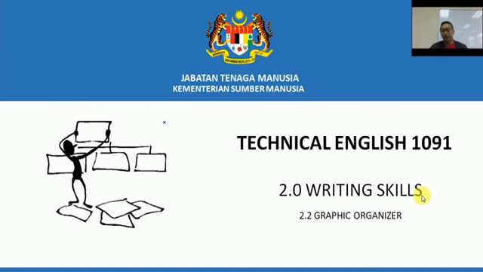Why? Because when we have different methods when we learn something, if you focus on reading a novel, you will only focus on one method, which is the writing method.